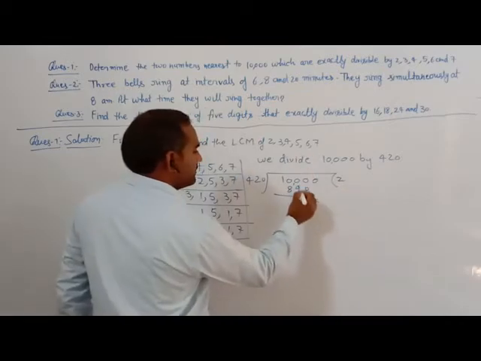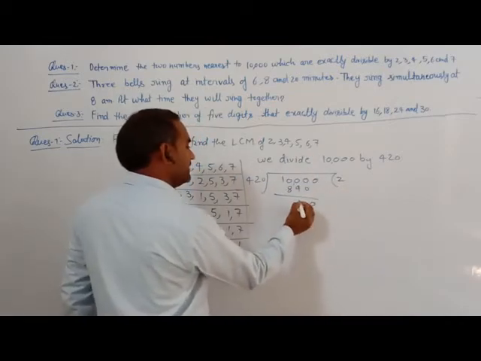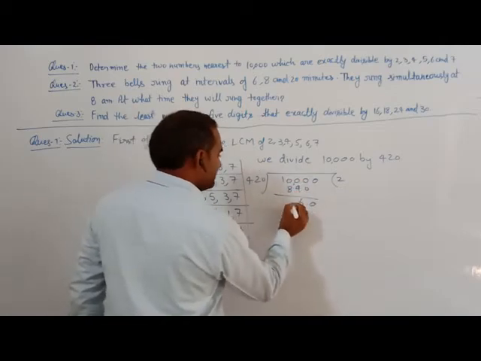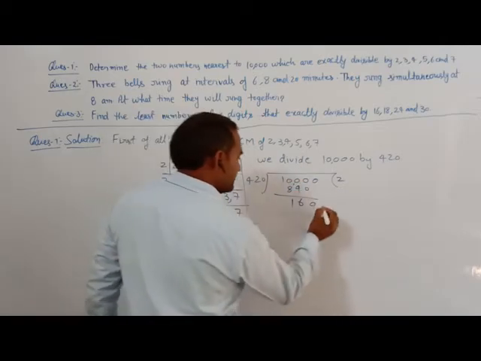Subtract: take 4 from 10 we get 6, take 8 from 9 we get 1. So 160.